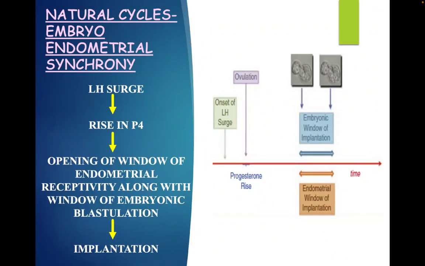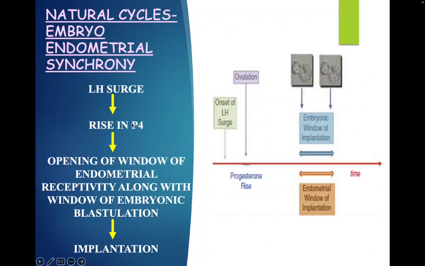The same thing I'm going to explain in this pictorial way. In natural cycles, what happens? Embryo endometrial synchrony is there. The LH surge is happening, which will lead to a rise in P4, the rise in progesterone. There is opening of the window of endometrial receptivity along with the window of embryonic blastulation.